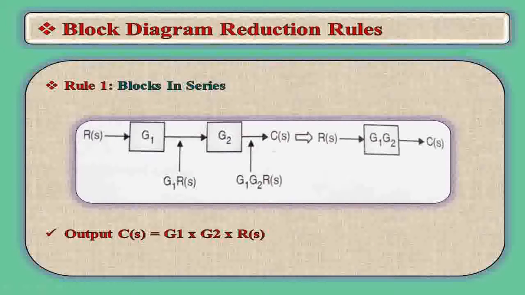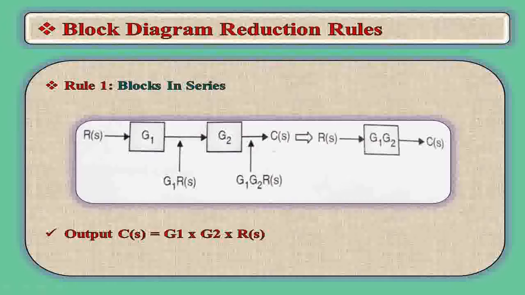Now next is rule number 1, blocks in series or blocks in cascade. Here we can see the basic diagram of transformation. When two blocks are connected in series, the overall transfer function is the multiplication of the transfer function of each separate block in connection.